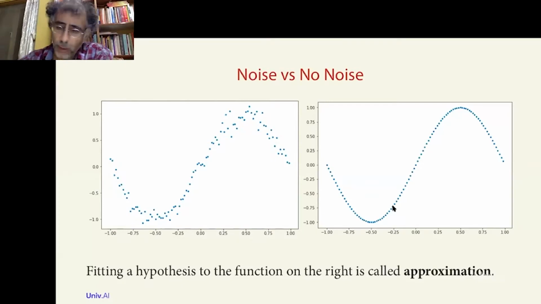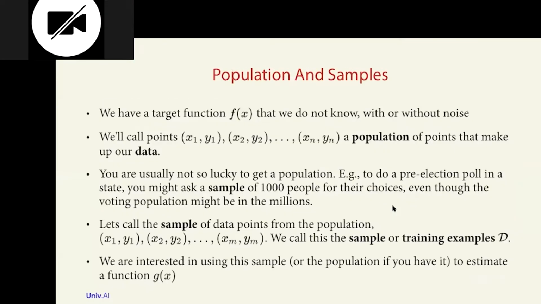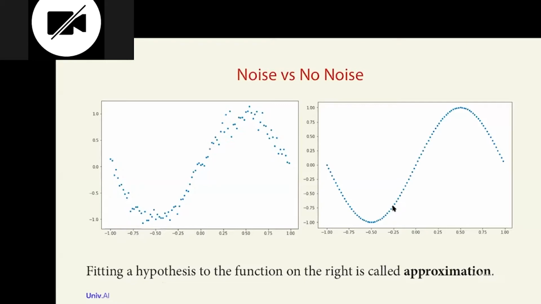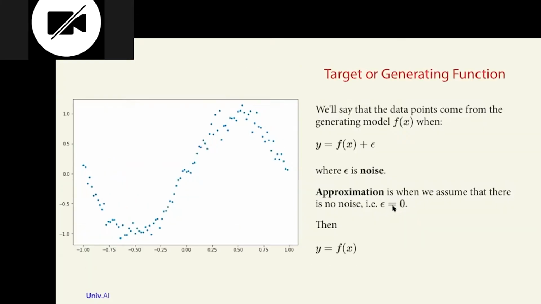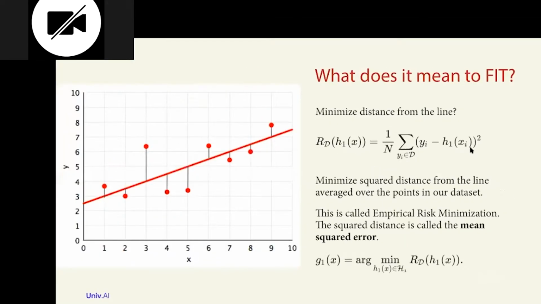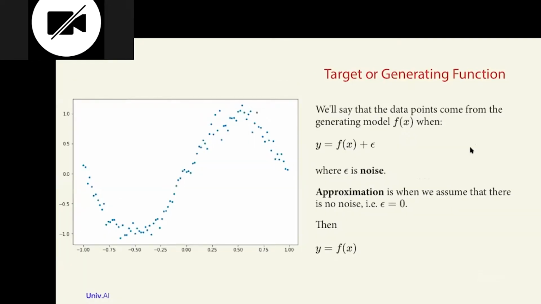I had one question. Yeah, go ahead. So while we're calculating the error, all we know is the data points, and so we're subtracting our hypothesis from the data points. That's right. So we are calculating our hypothesis at the x's of those data points. If we wanted to find the approximation, then the y contains the function value plus some noise.